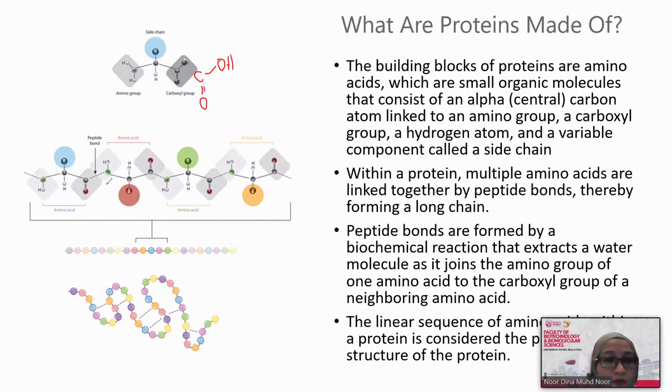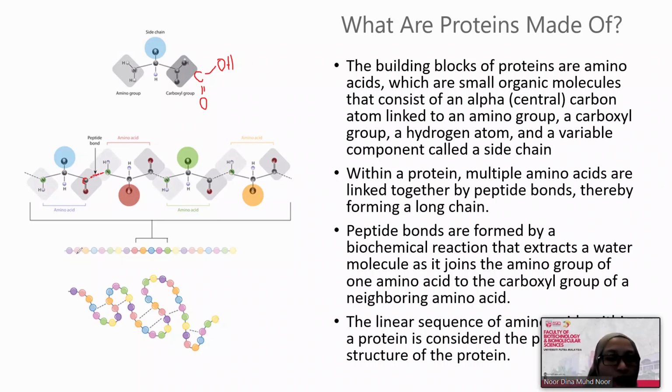So we have the N terminal of the next amino acid over here, NH. It attaches to the carboxyl carbon of the carboxyl group. Okay, so a peptide bond appears, between the N and C. So this is the peptide bond.